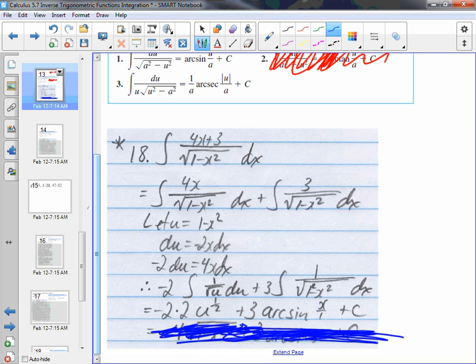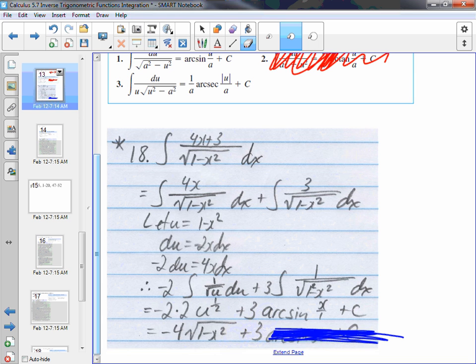All right. Well, if I remember correctly, negative 2 times 2 is negative 4. U to the 1/2 is the same thing as the square root of u. Replace u with 1 minus x squared, so that's the square root of 1 minus x squared plus 3 times the arc sine of x over 1, which is just x, plus c.